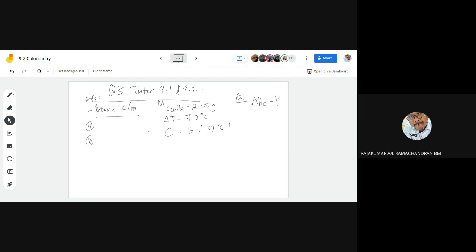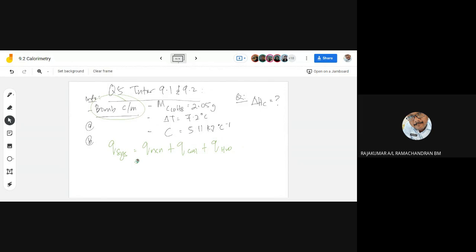So, since kita gunakan bomb calorimeter, so kita punya formula mula dengan Q system equals to Q reaction plus Q calorimeter plus Q water. Okay, water ataupun H2O boleh lah. Simple kita letak simple. Q system equals to 0.